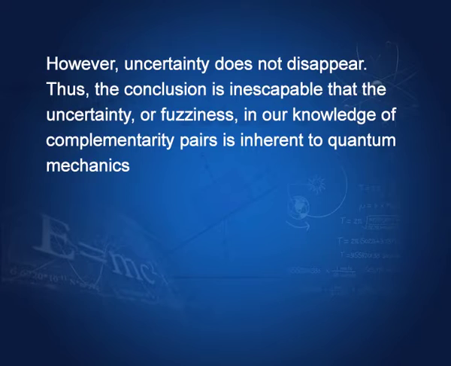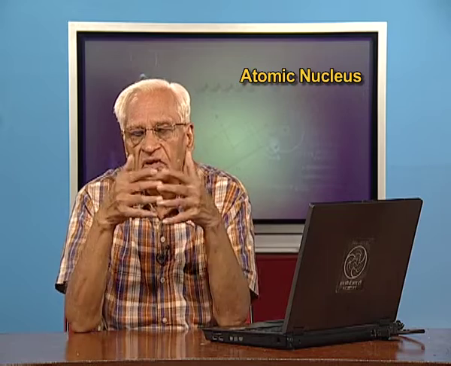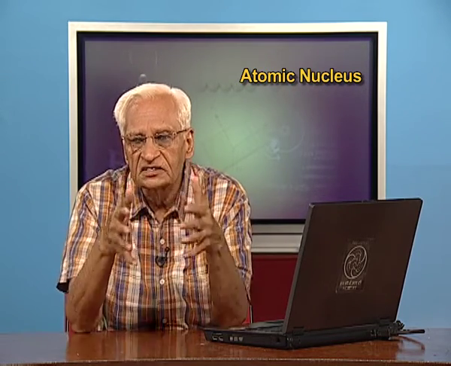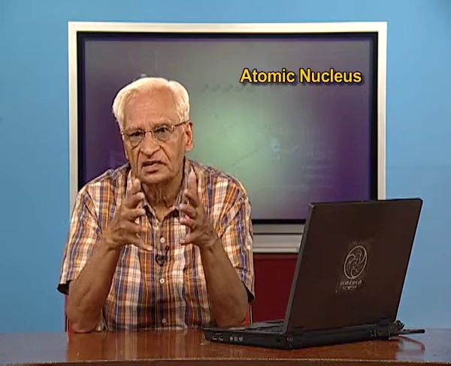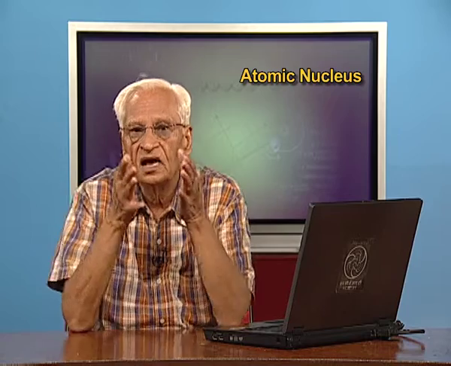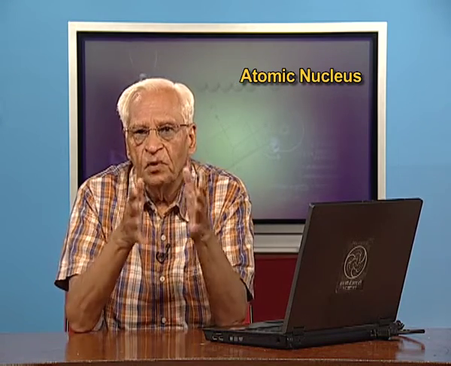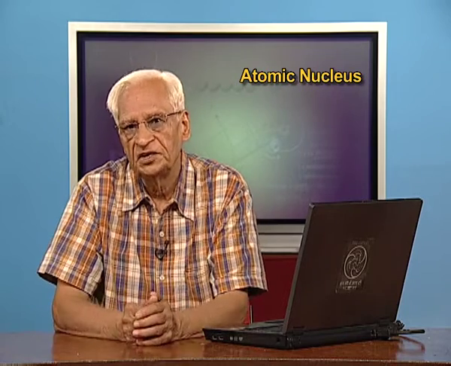So, in this lecture we studied the development leading up to the discovery of the nucleus, and we were discussing the structure of the nucleus. We interrupted this story to understand the uncertainty principle, which makes it impossible for electrons to exist inside the nucleus.